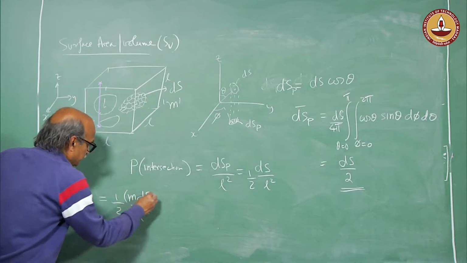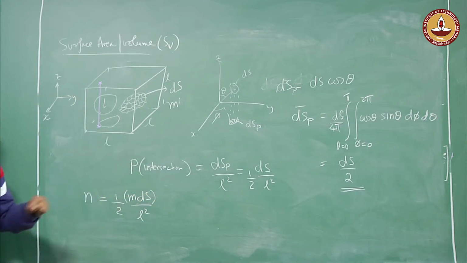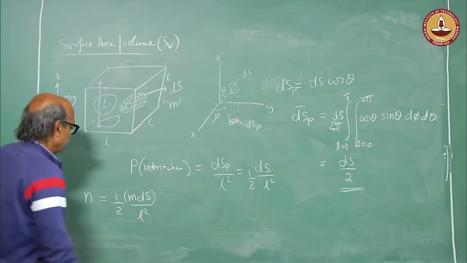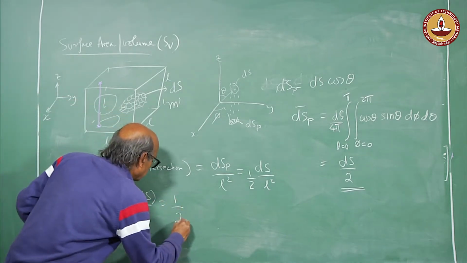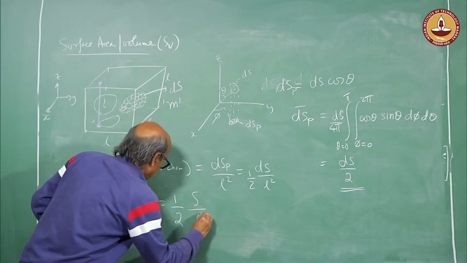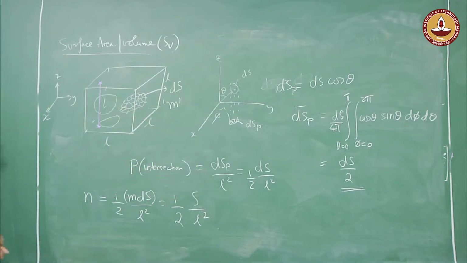Now, clearly m times ds is nothing but the total surface area inside this cubic block. So, let us call that just S upon L square.